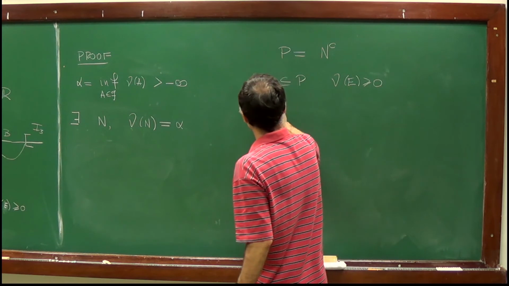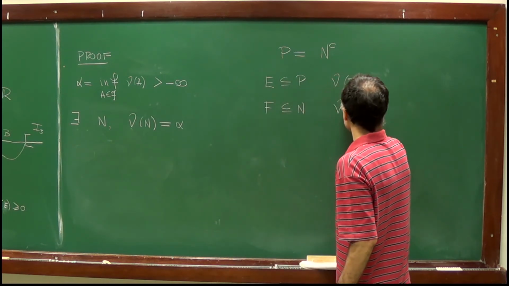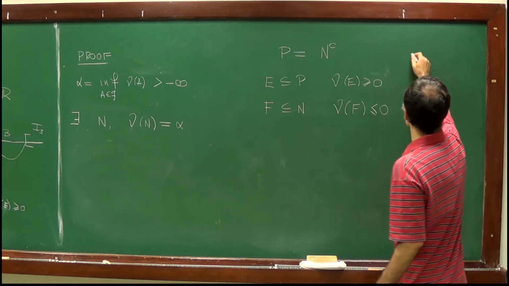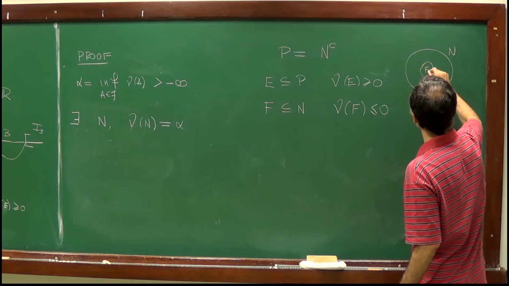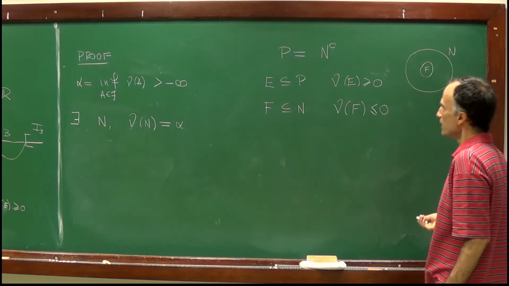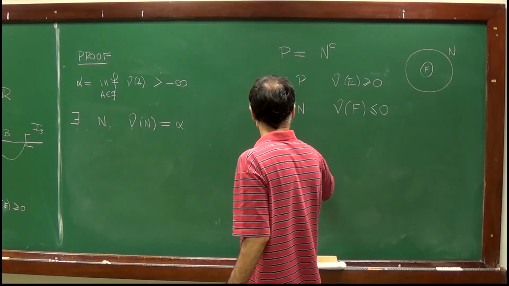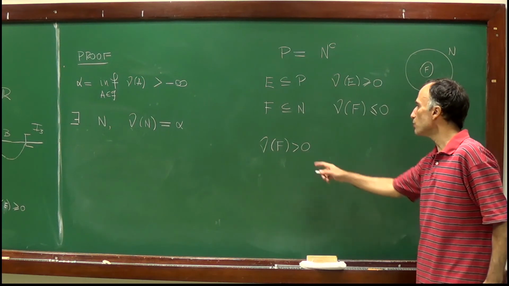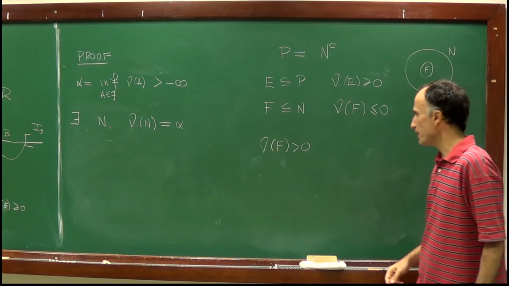And now I claim that any set F which is contained in N is such that nu of F is less or equal than 0. And here again I have a set N here. Here I have a set F. So let's assume that nu of F is positive. It can't have a measure equal to plus infinity because nu of N is finite.